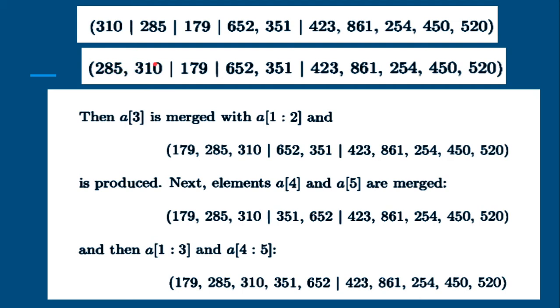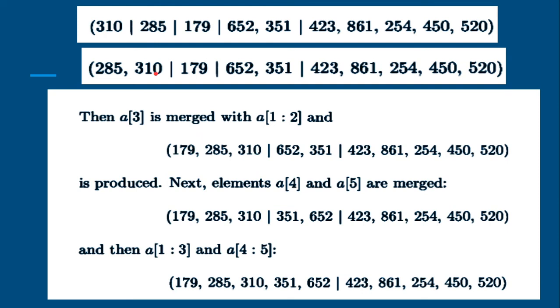Now we have to merge this with the next subset. The next subset is the element 179, which is A of 3. When we combine 285 comma 310 as one set and the set 179, we check the first element and the element of the next subset. This is higher and this is lower, so exchange the value with 179. So 179 is placed in the first position.